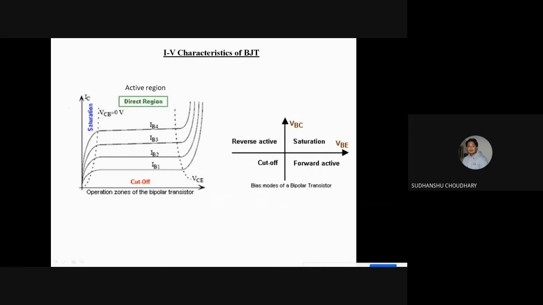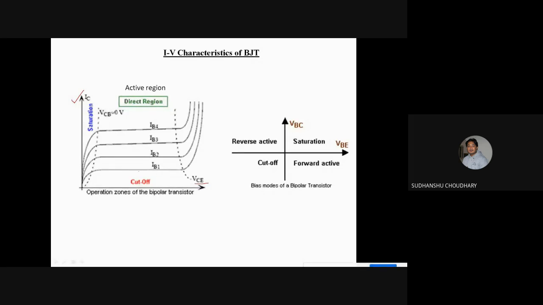Now, one can also look at the IV characteristic of a BJT. So IC on the y-axis and VCE, that is collector to emitter voltage, on the x-axis. Instead of applying a gate bias, we are now applying a current at the base. So instead of applying a bias at the base, we are applying a small current IB at the base.